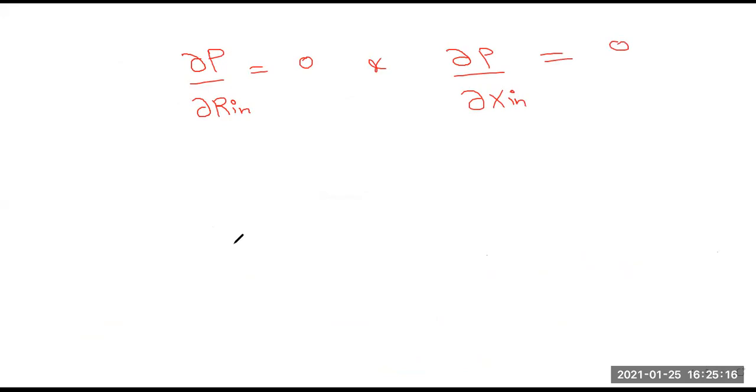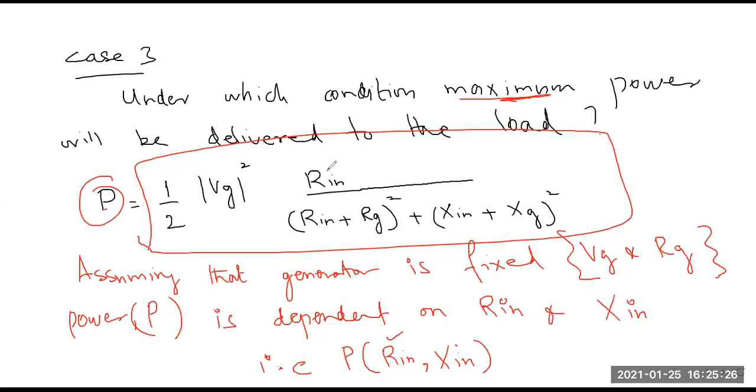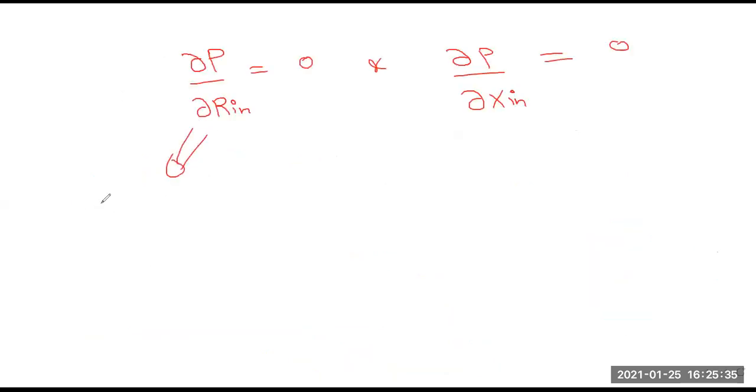I'm not going to do the step-by-step derivation procedure. We are more interested in the final condition. So this power expression is in front of you. You have to take the derivative once with respect to Rn and once with respect to Xn. So I'm going to write down what result you will get after taking the derivative.